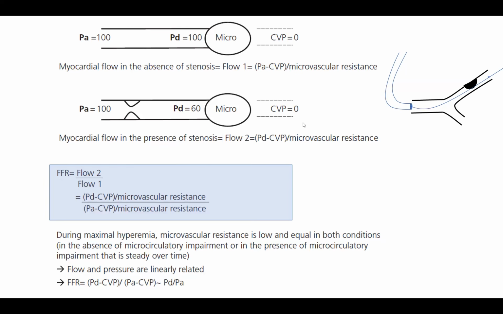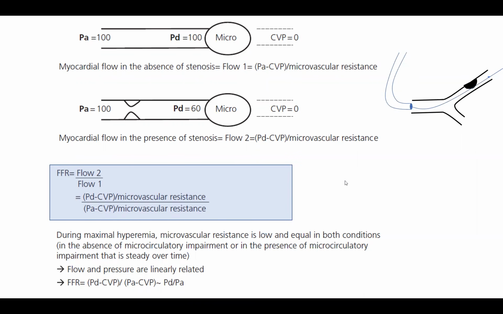You eliminate those microvascular resistances, and flow and pressures start to correlate linearly. That's why we give intravenous adenosine to eliminate that microvascular resistance and to make flow and pressure correlate linearly, at which point PD divided by PA becomes a ratio of a flow D divided by flow A, okay?